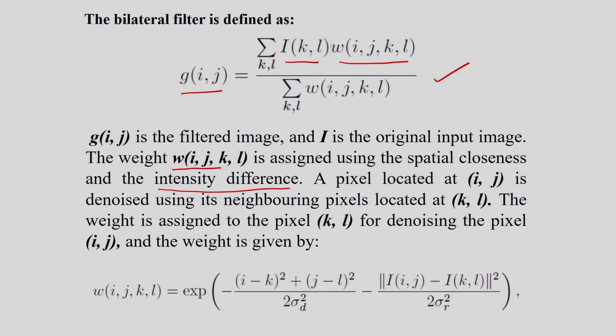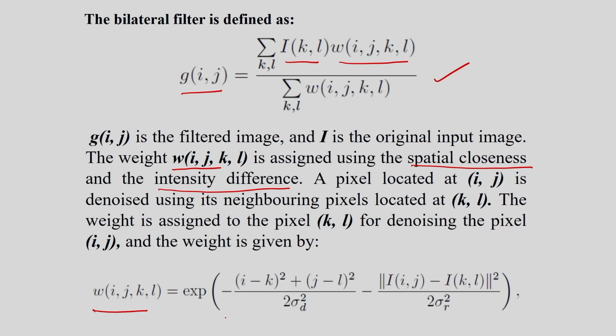A pixel located at ij is denoised using its neighboring pixel located at kl. And in this case the weight is defined like this.